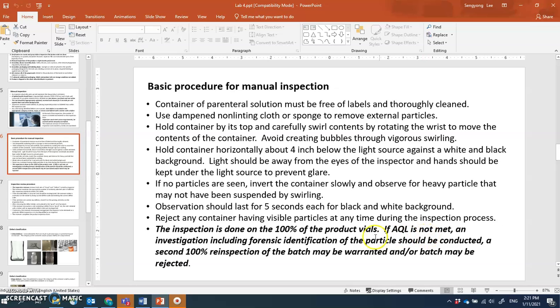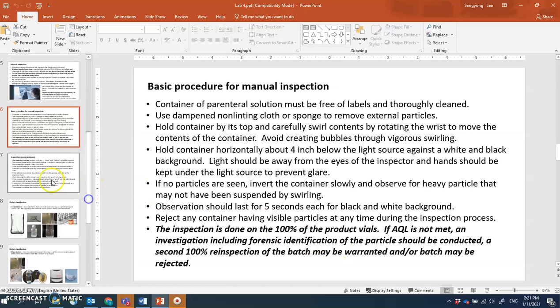A second 100% inspection of the batch may be warranted, or the batch may be rejected. So once the AQL limit is exceeded, someone else has to inspect all of them again, see if this trend pattern is correct, and then identify where the problem is coming from. That's what it means.